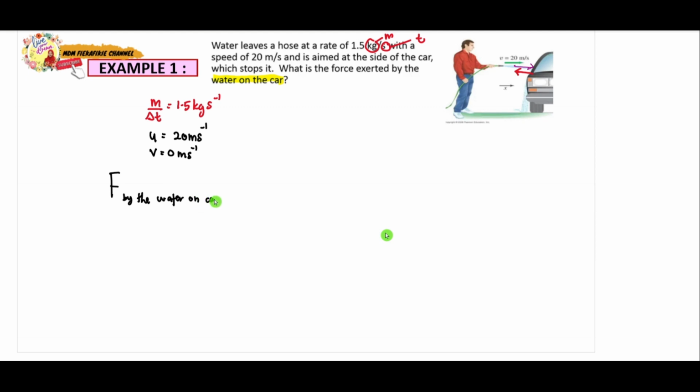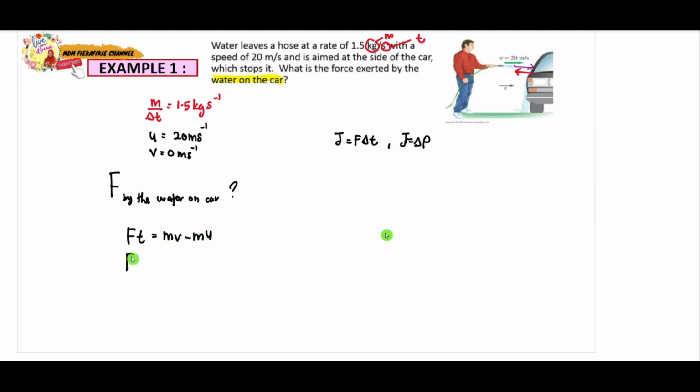on the car. Okay, so we will use equation Ft. So impulse is equal to Ft, remember? So impulse is equal to F delta t, and impulse also equals the change of momentum. Okay, jangan lupa. So Ft is equal to delta p, where delta p is equal to mv minus mu.